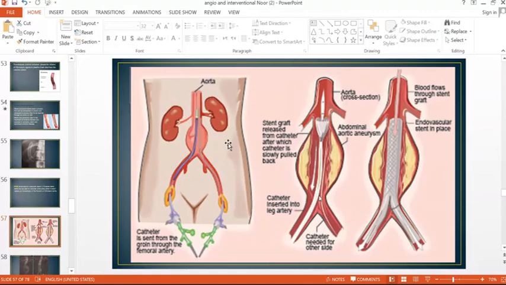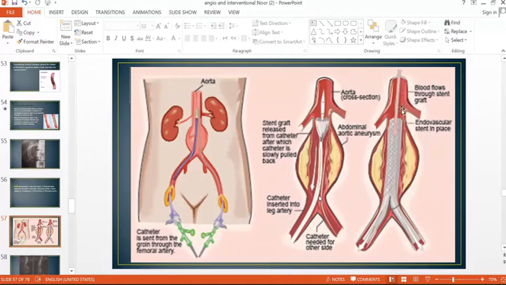Instead of tackling the aneurysm sac surgically with the hazard and bleeding that comes with this procedure, there is a way of putting a stent within the aneurysm, this time not for dilatation, but this will act to exclude the aneurysmal sac from flow.